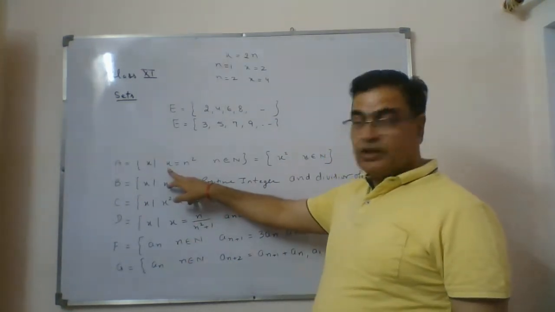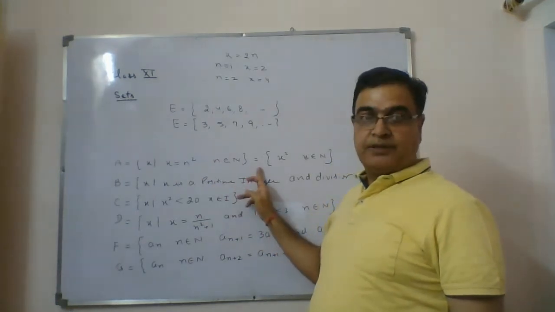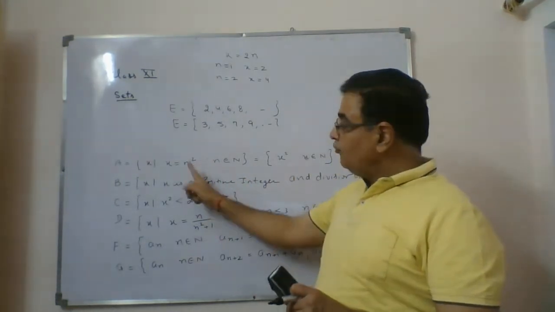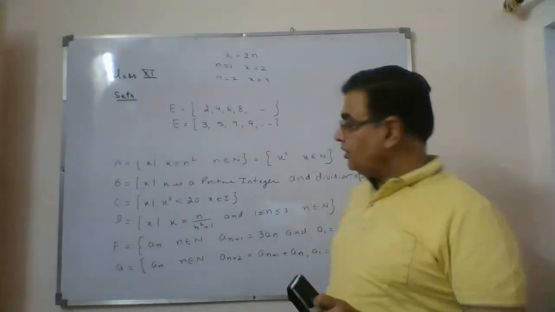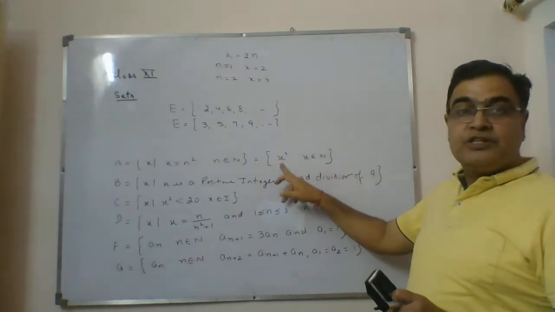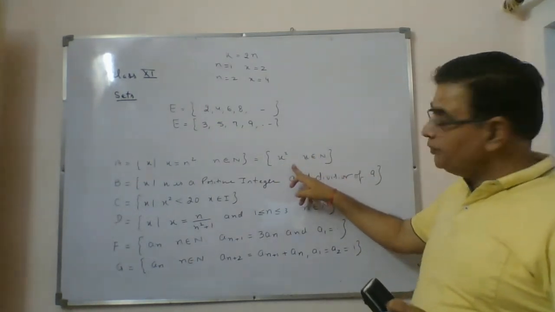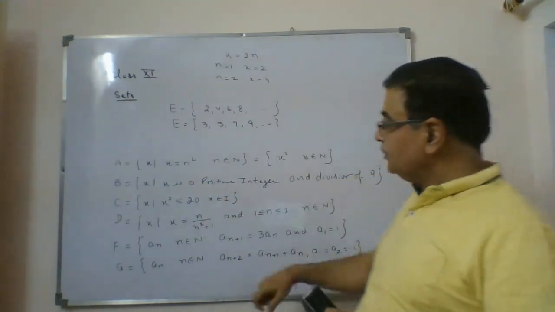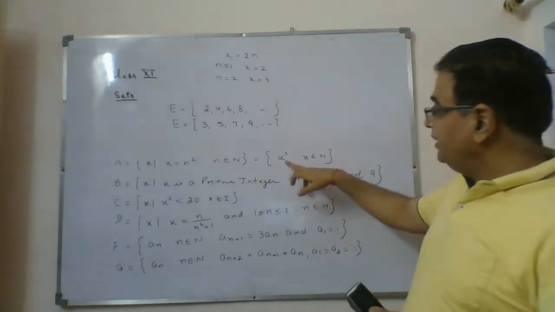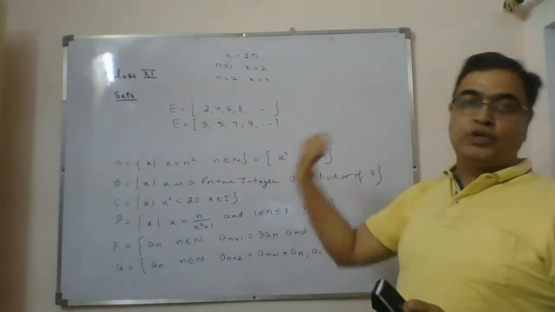Here I can write this way also or that way also. It says X is a number which is a square of a natural number.